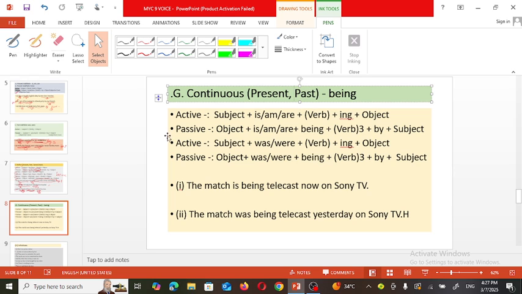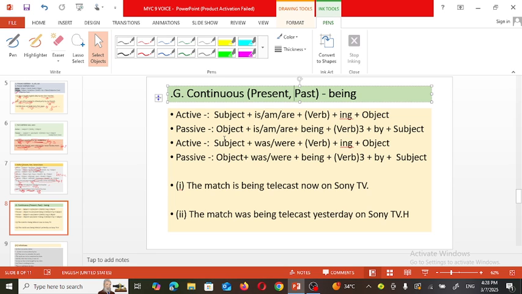Because playing was there, we have to use the third form of the verb, meaning played, and for that ing we must use being. So cricket is being played by boys. Boys are playing cricket. Cricket is being played by boys. We will see another example.